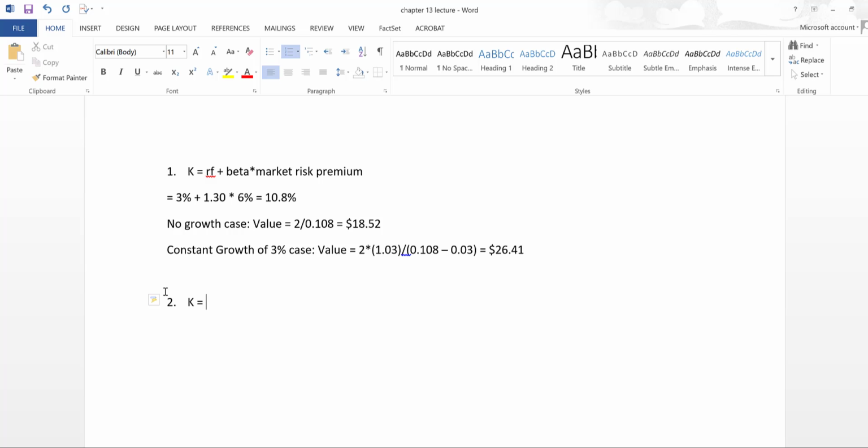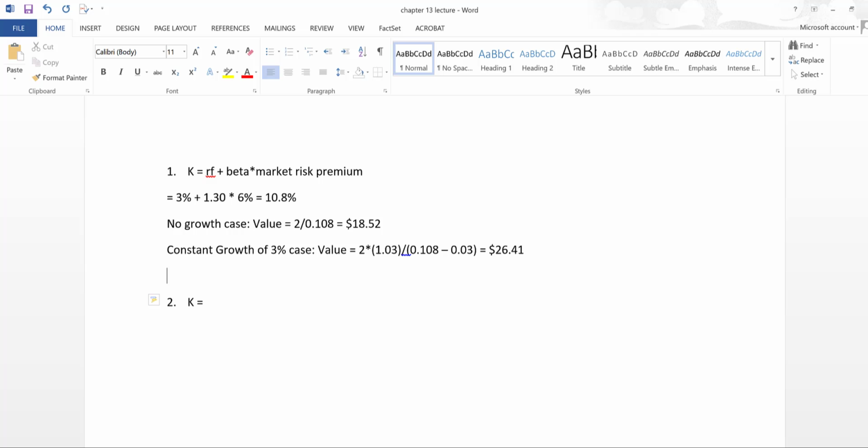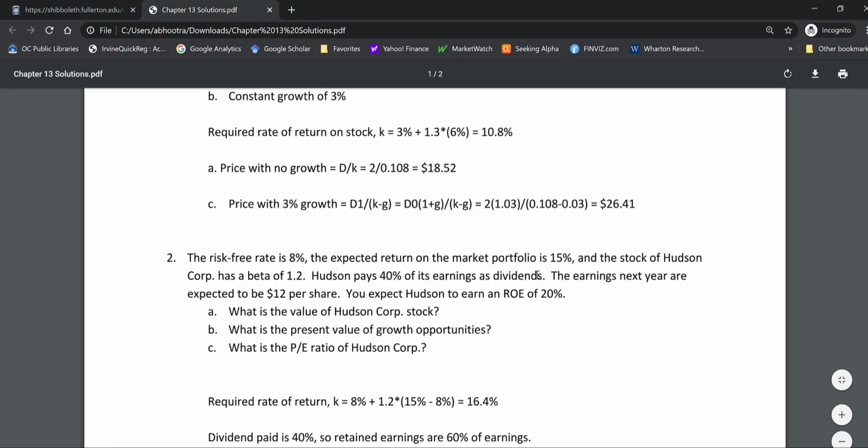K is again risk-free rate. So let me go back and see what the risk-free rate here is. Risk-free rate is 8%. Market return is 15%. Now this is not the risk premium, this is the market return, so we have to subtract the risk-free rate from this. Beta is 1.2.